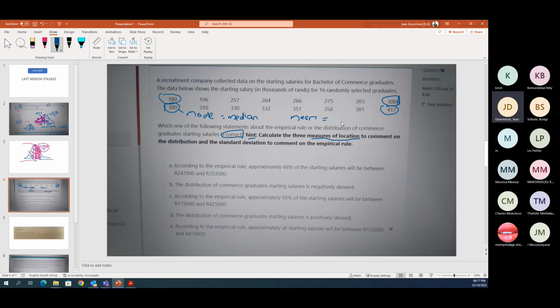I hope I'm getting it right. The sum I got was 4800. That divided by 16 is 300. Okay, so we know the mean, median, and mode are exactly the same.